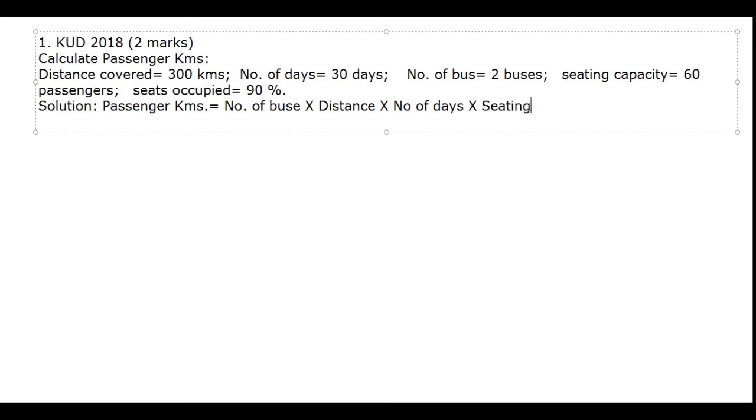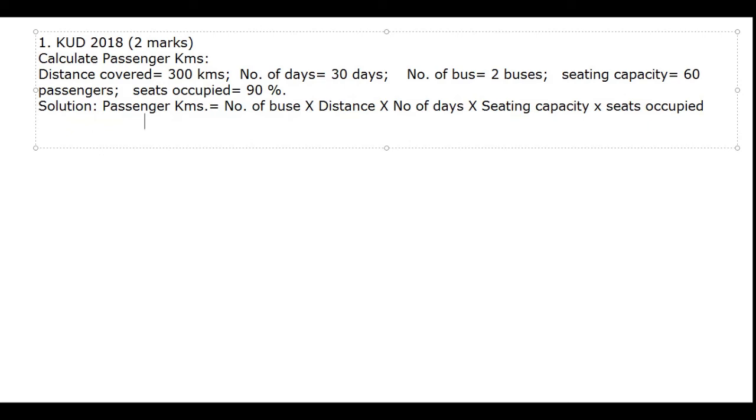So it was a 60 passenger bus, seating capacity, into seats occupied. It was 60 passengers capacity, only 90% was occupied.